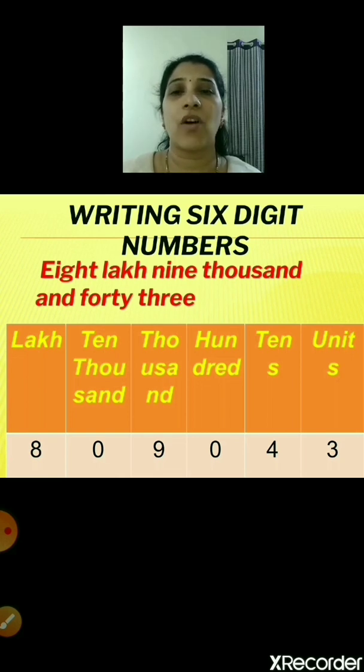So in the place of lakh, you are going to write 8. Then it is 9,000. So 0 will come in the 10,000s place and 9 will come in the thousands place. Then 100 is not there, so 0 will come in the hundreds place. And then 43. So 4 will come in the tens place and 3 will come in the units place.